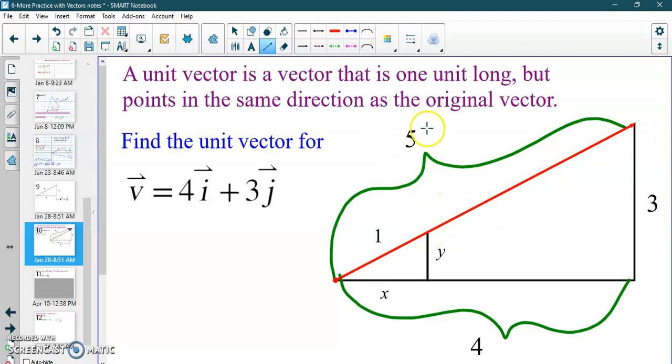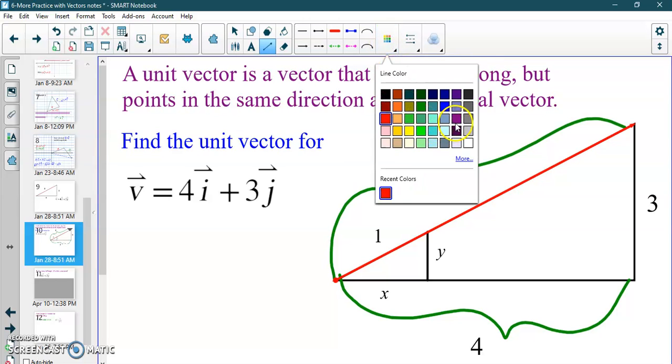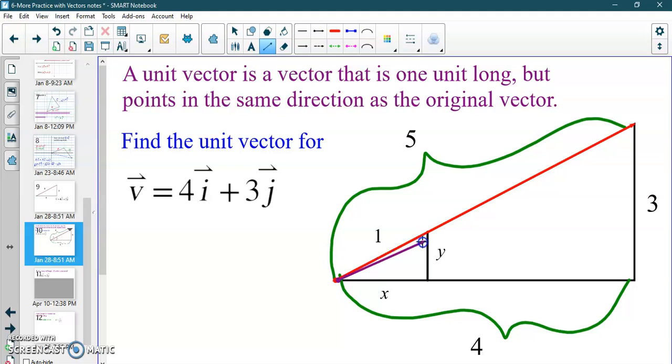So we're taking the magnitude of our vector, 5, and dividing it by itself to get that distance of 1. Let's draw in a new vector for our unit vector. Now we have new components for x and y to get to the head of our vector. It's a pretty simple way to find those values.